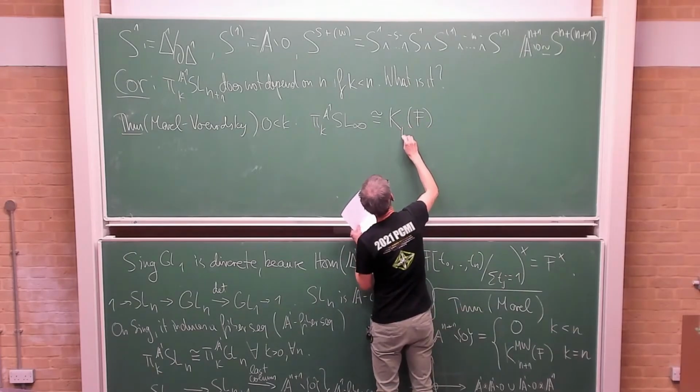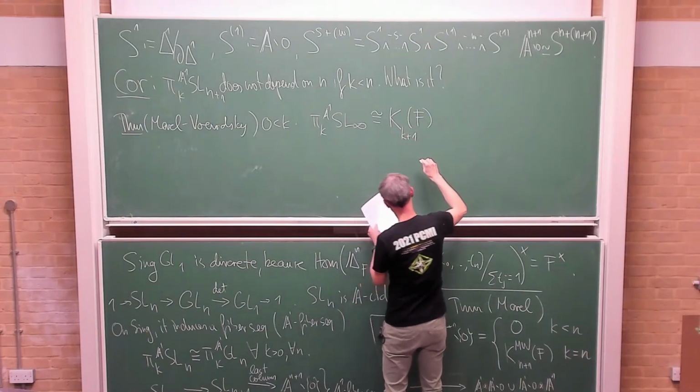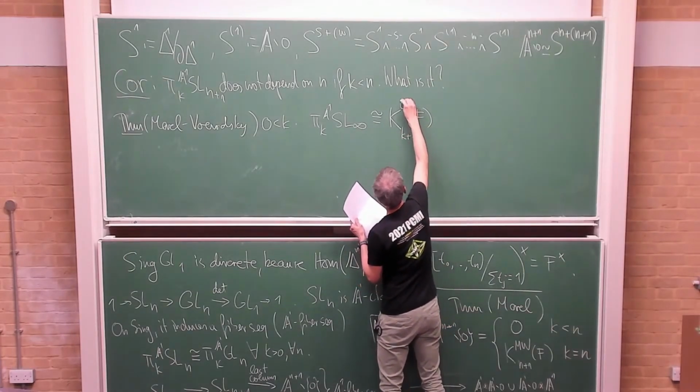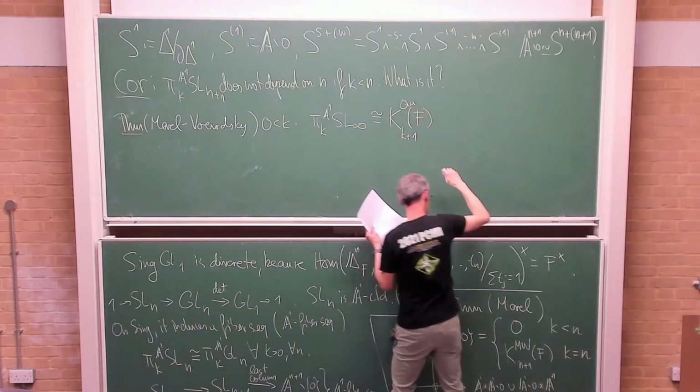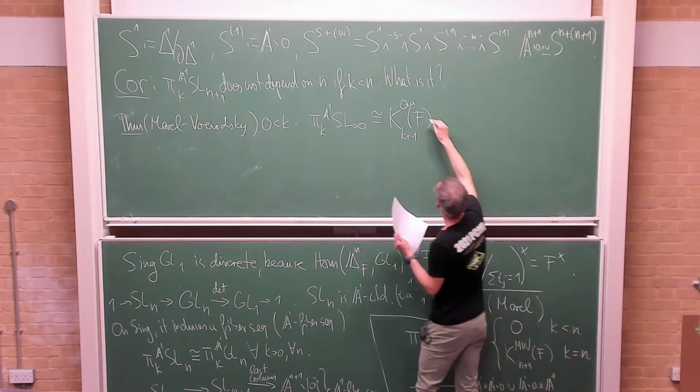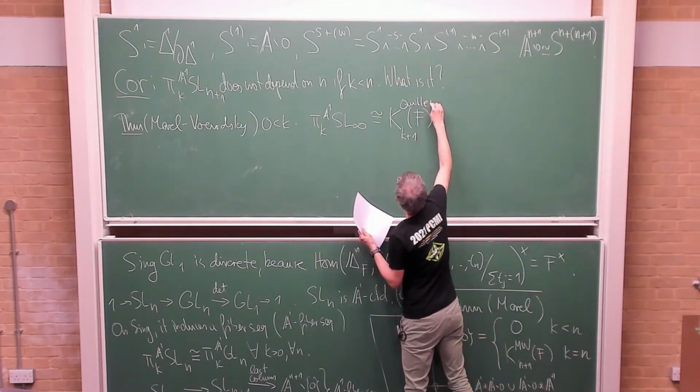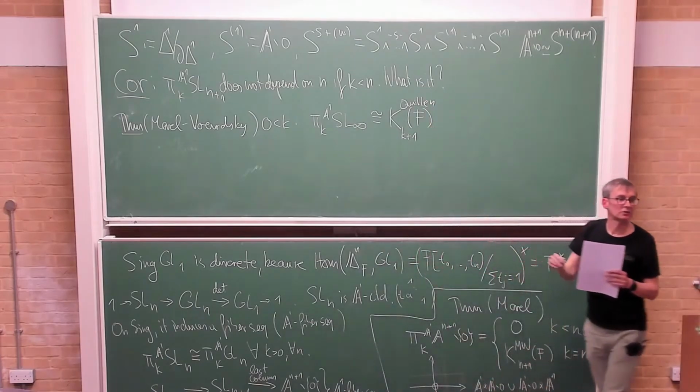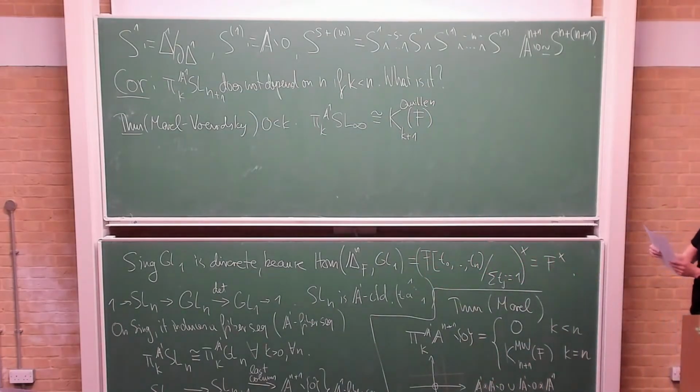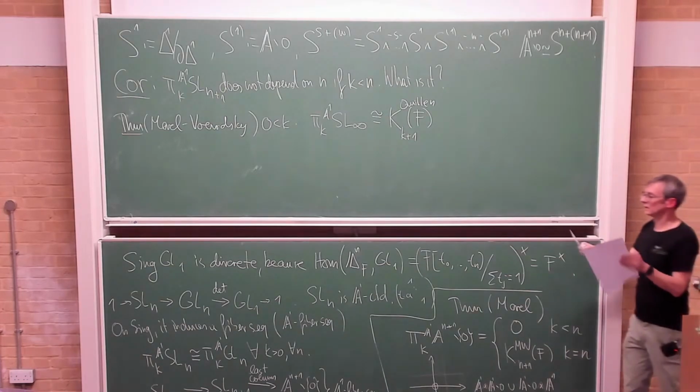And here's a bad choice of notation, of course. Just because there is at least one other flavor of K-theory, let me emphasize by Q that this is Quillen's higher algebraic K-theory. Okay.